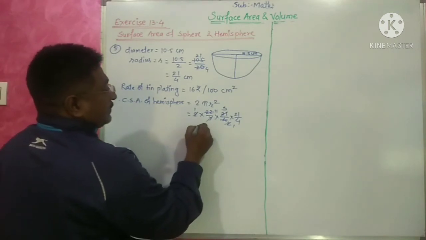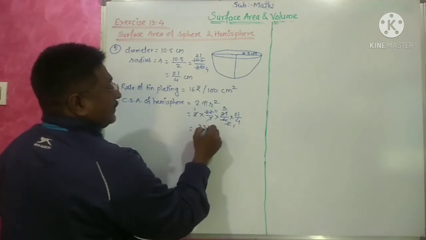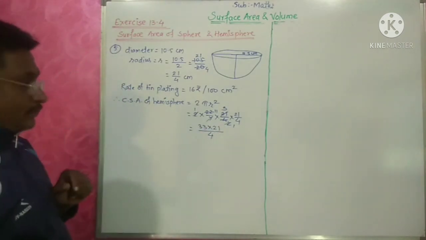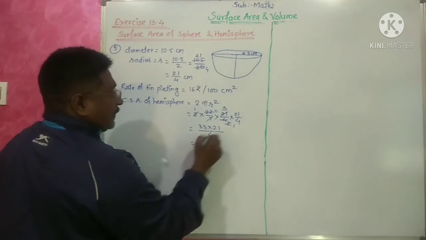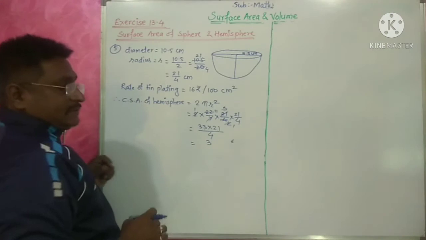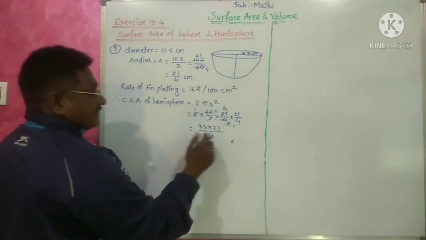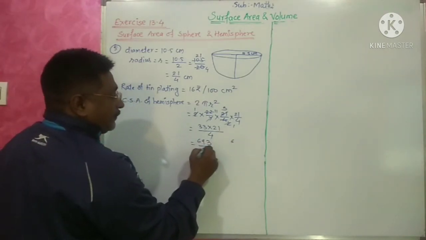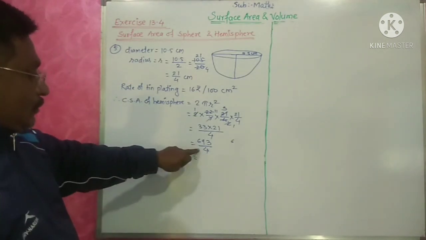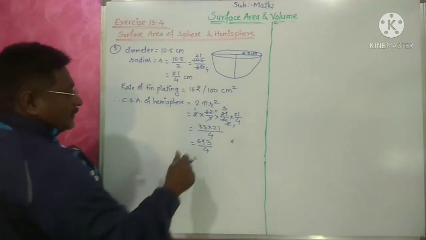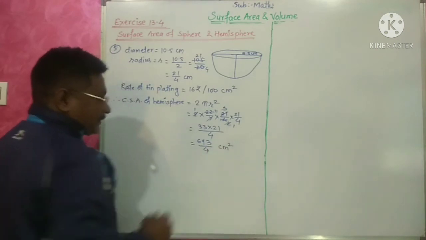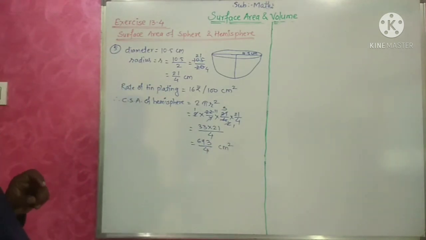So what will we get? 33 into 21 by 4. 21 3s are 63, 6 carry. 21 3s are 63 plus 6, 69 by 4. So the CSA is 693 by 4 centimeter square.